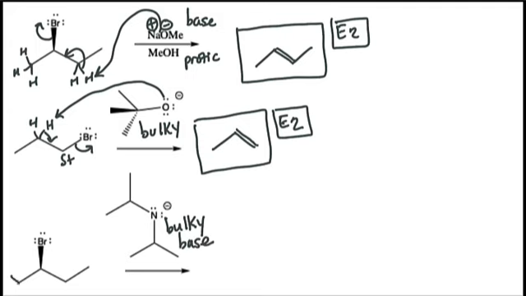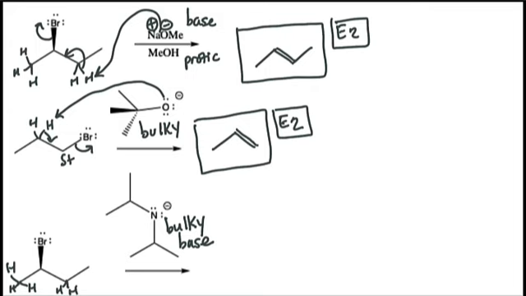So I see that I've got beta protons here, and I've got beta protons here, but being that this base is very cumbersome, it's not going to be able to get in and grab a beta proton from a carbon that's attached to 2 other carbons.